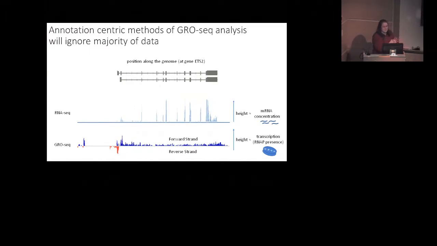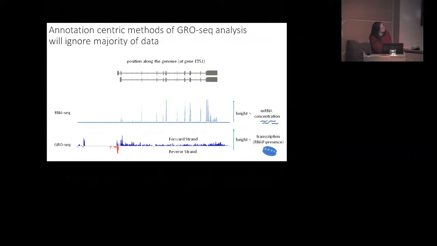And so you get a very different perspective. You get a bidirectional transcript at the 5' end, followed by elongation through the gene without evidence for exon or intron boundaries. In addition to seeing this at annotated genes, you see lots of bidirectional sites of transcription away from annotated genes in regions that we now know to be marked with enhancer marks.